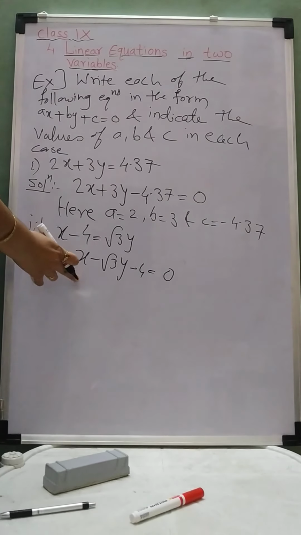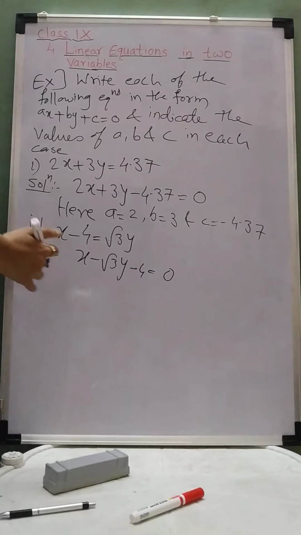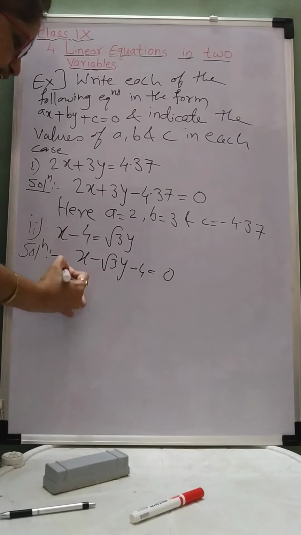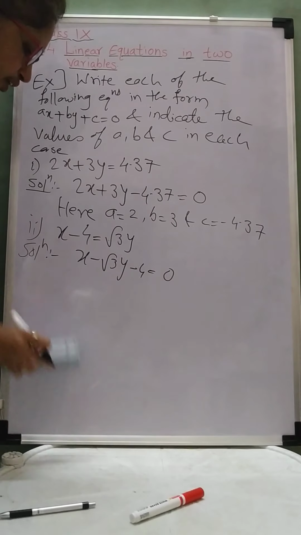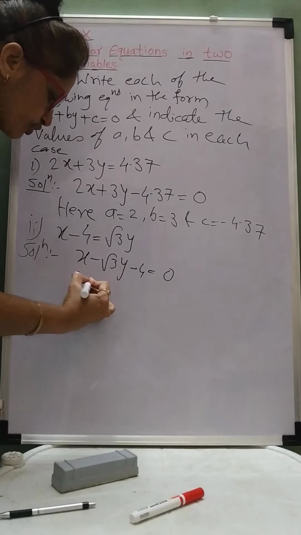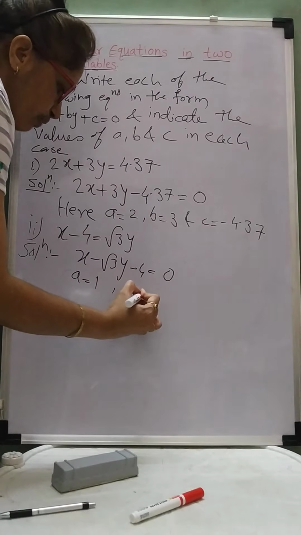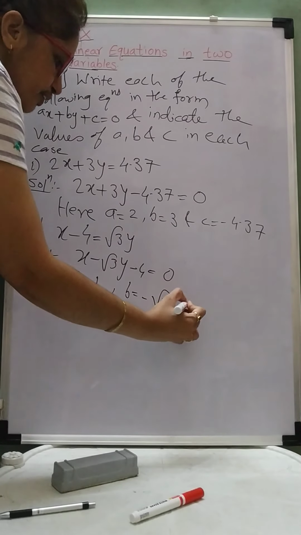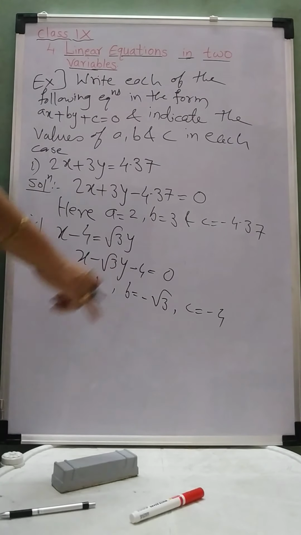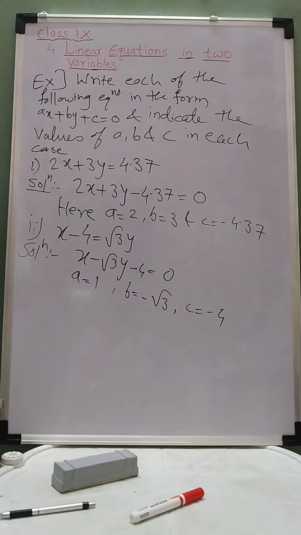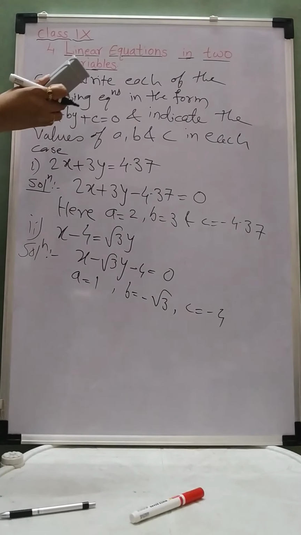Again compare this with the standard form. After comparing you can say here a is equal to 1, b is equal to minus root 3 and c is equal to minus 4. Here for b, we can take b is equal to root 3 because in this case a, b, c all are real numbers.